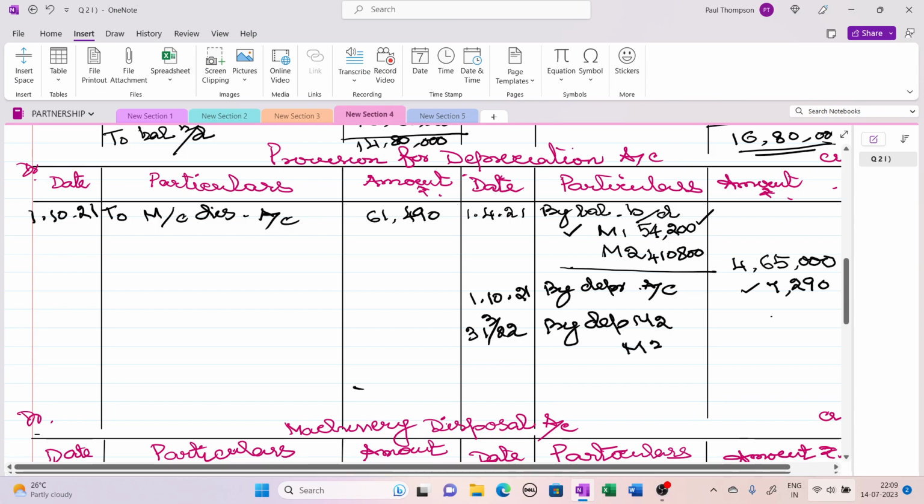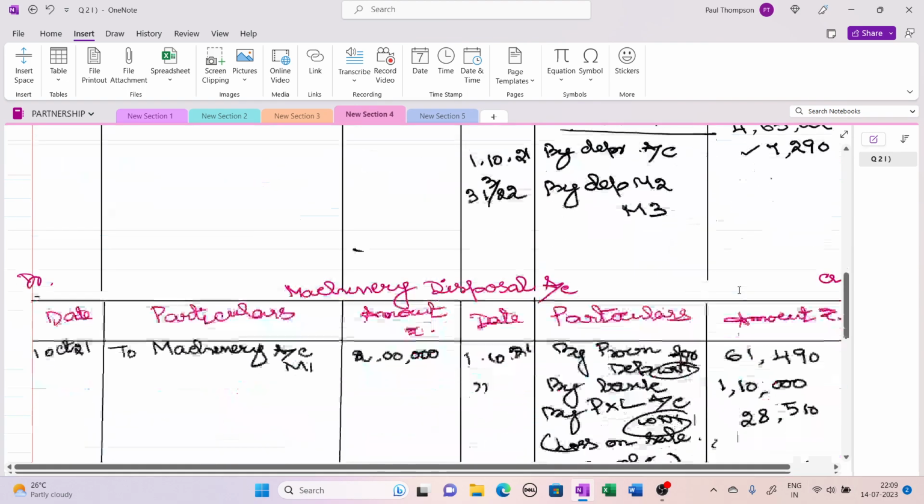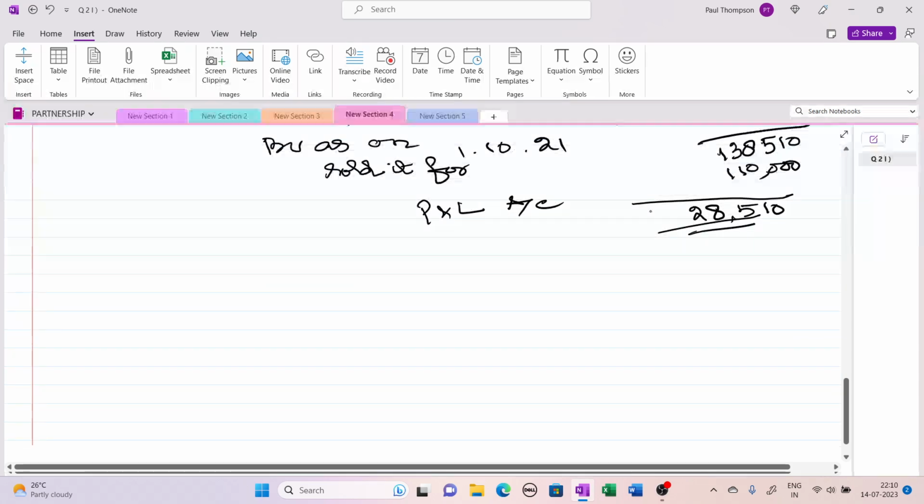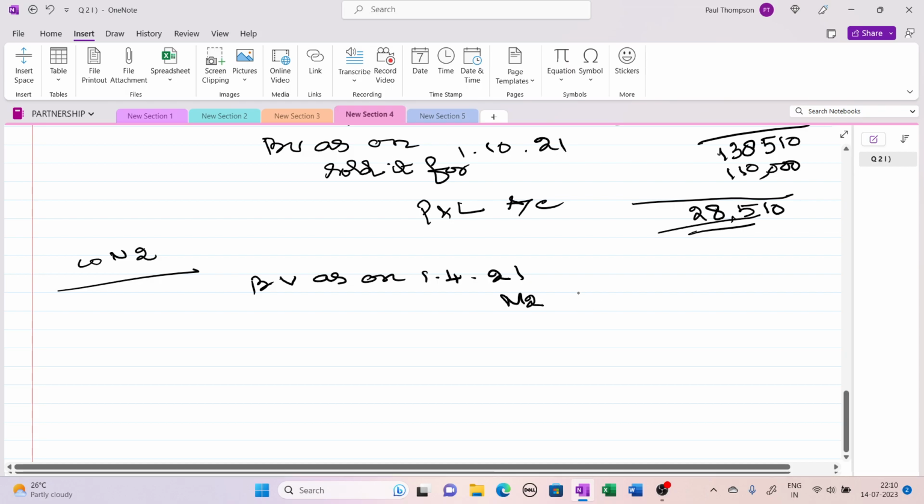So for this, you should know the book value for machine number 2. That you have to work out here again. So write work note 2. Now what is the book value as on 1/4/21 for machine number M2? Your book value was 10 lakh rupees.